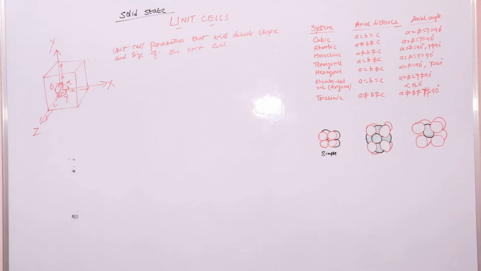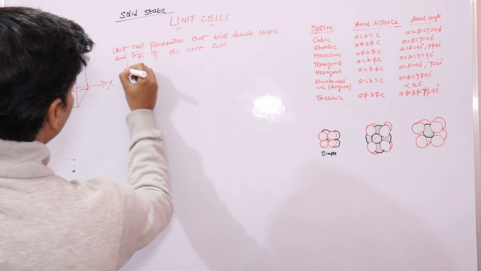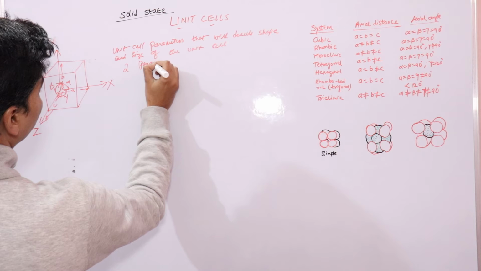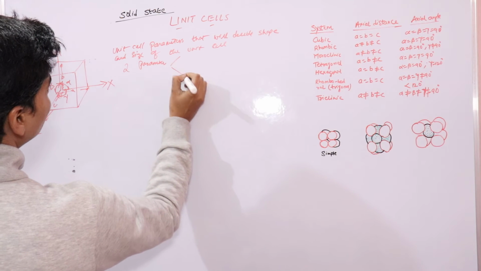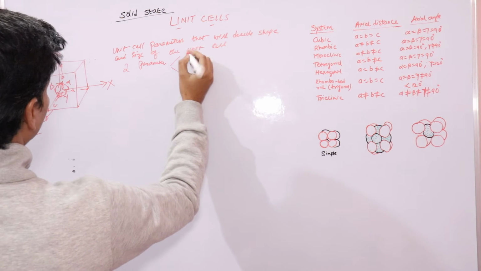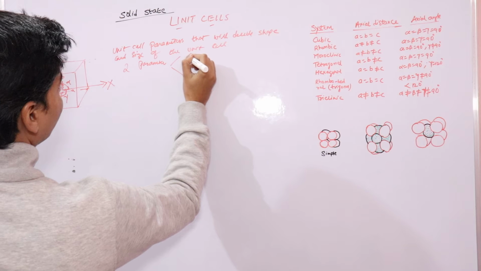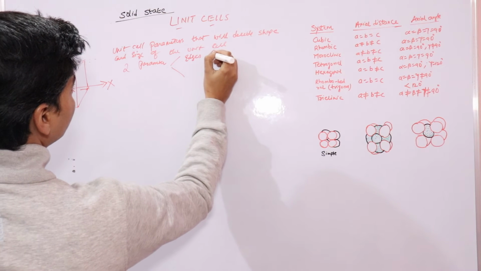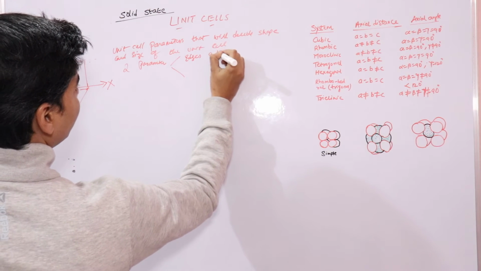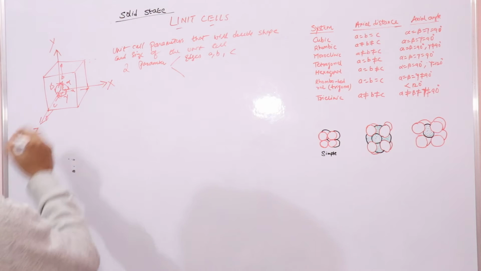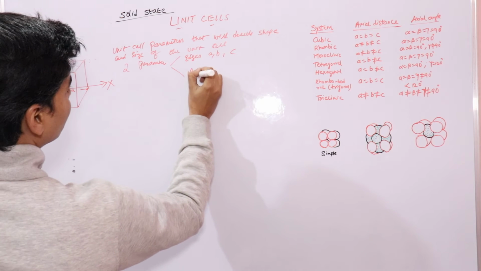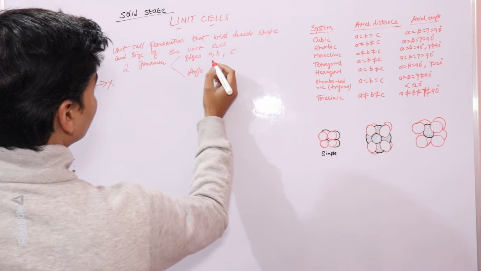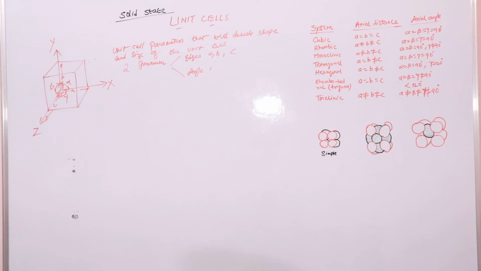Now these two parameters are the edges a, b and c along the three axes, and the angles between the edges.